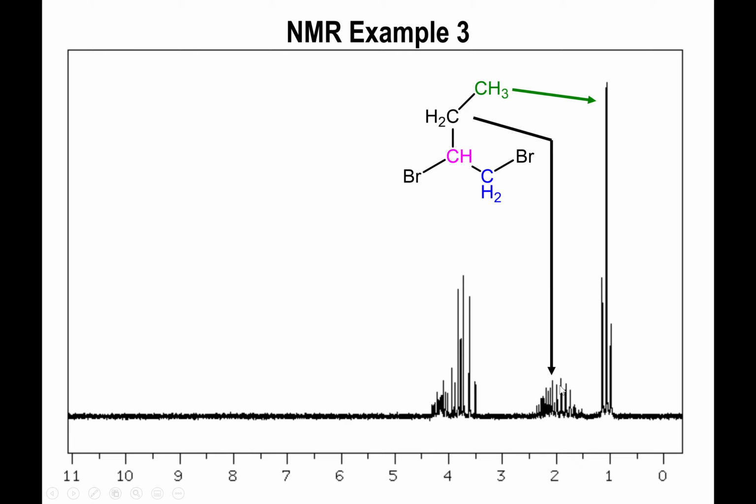And then you have a situation that's a little bit ambiguous, because you have this pink hydrogen, which is bound to a carbon that contains a carbon-bromine bond, but so is the situation for the blue hydrogens, right? Those hydrogens are also bound to a carbon with a bromine. So you might ask, well, which one is meant to fall downfield, which one is meant to fall upfield?